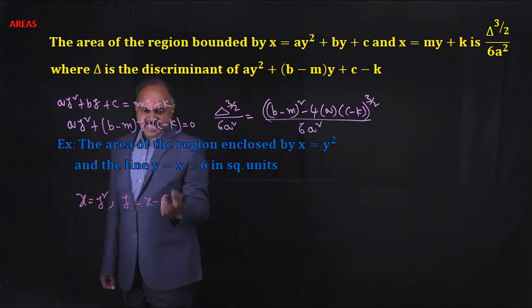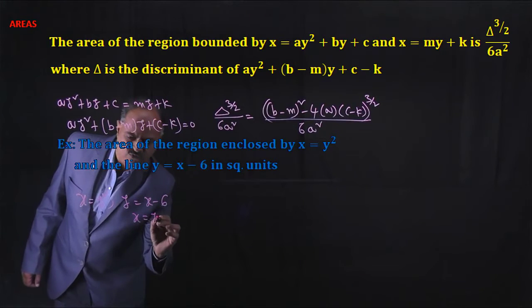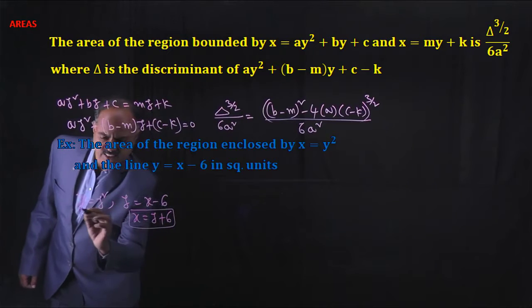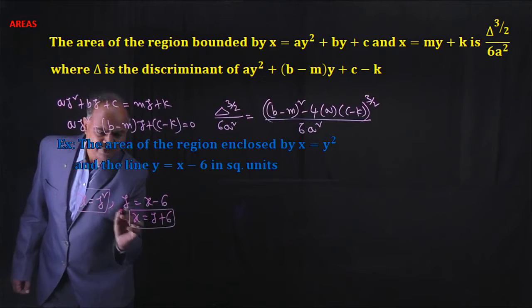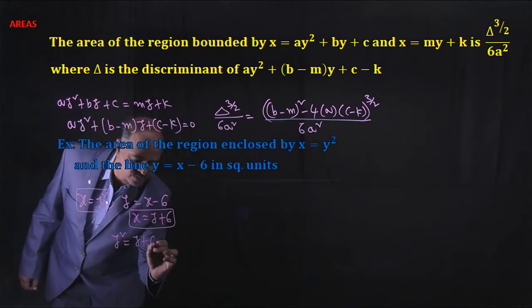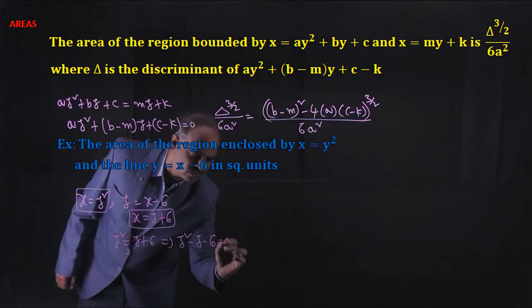Now equating linear terms, here x = y + 6 and x = y². Equating linear terms, y² = y + 6. So this implies y² − y − 6 = 0.